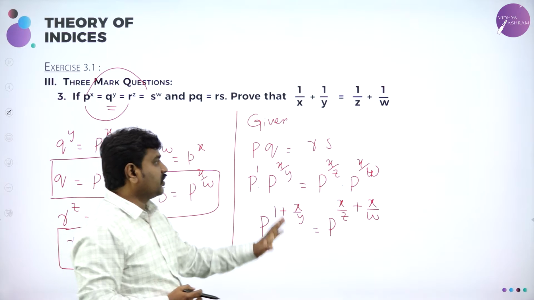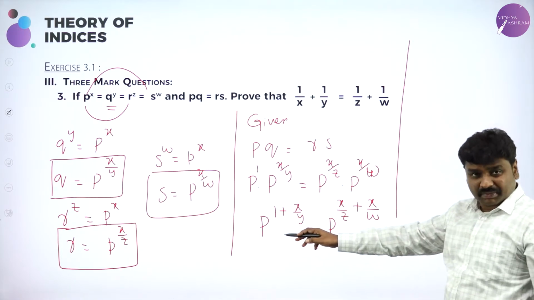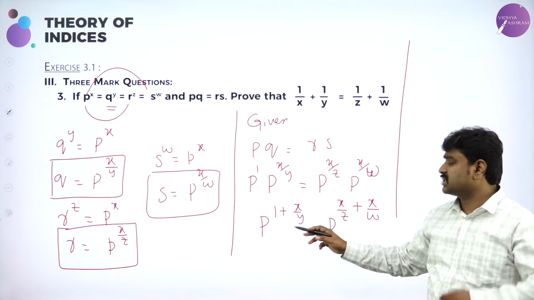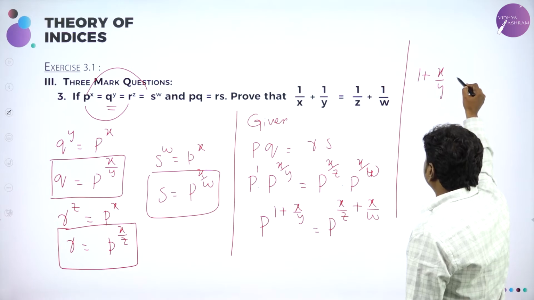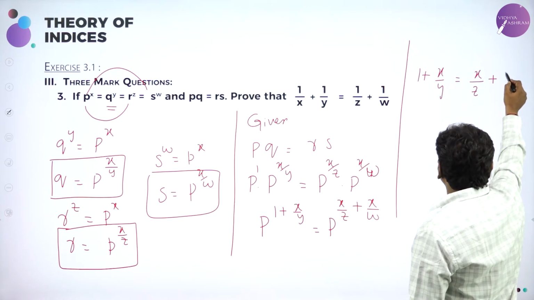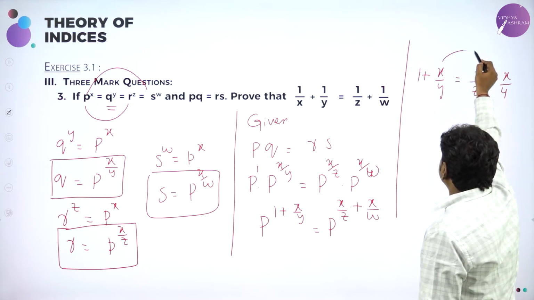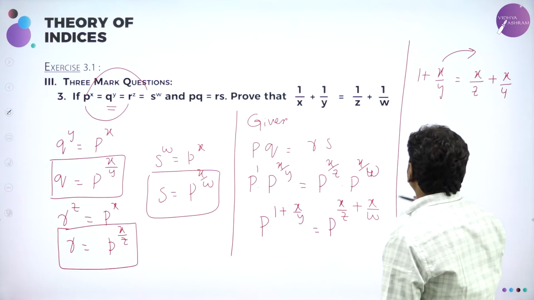If bases are same, you can equate the powers. Because both are having same base, that is p, I can equate the powers. So what are the powers? 1 plus x by y is equal to x by z plus x by w. So transfer this x term also to the other side and arrive at the result.